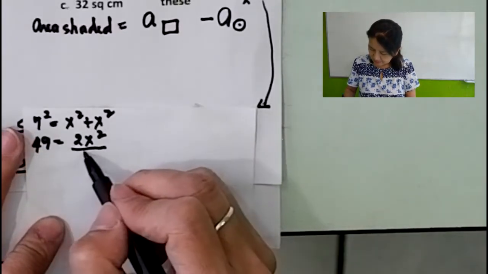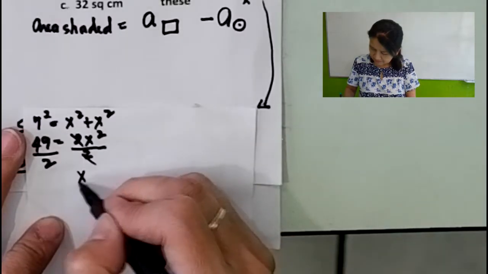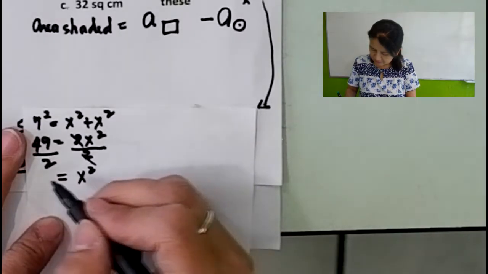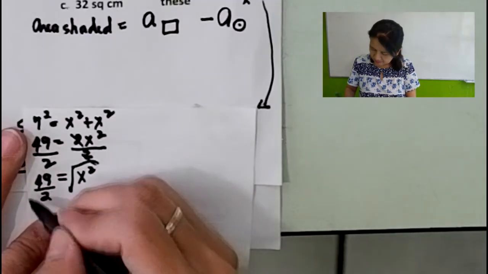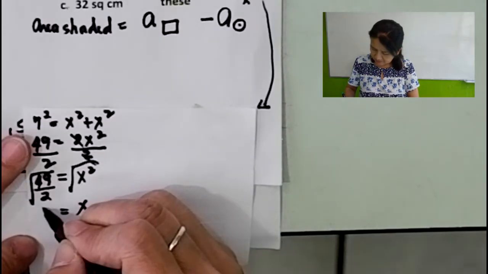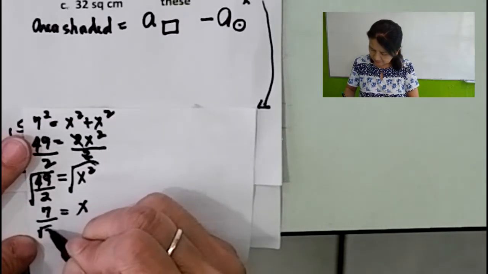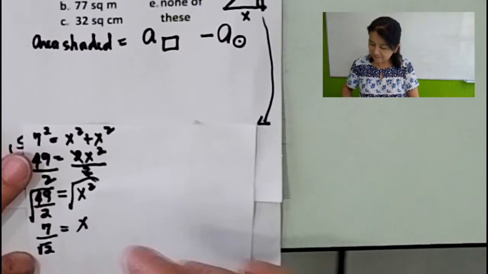Divide both sides by 2. There, cancel that. X squared is equal to 49 over 2. But we can take a square root. So x is now 7 over square root of 2. This is not yet simplified, but we let it stay as is in the meantime.